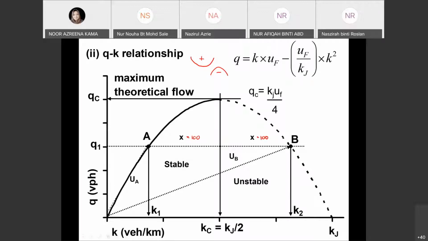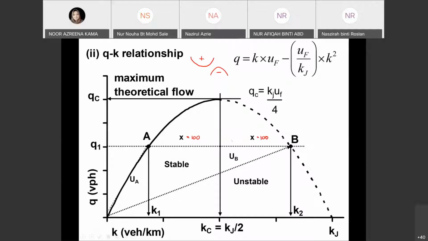We have UA and UB. U is the speed, means the gradient of the graph is represent speed, UA and UB. So UA kalau awak tengok dia punya kecerunan, dia punya gradient lebih tajam, lebih steep kan as compared to UB. So maksudnya UA lebih laju daripada UB because UA is under stable condition while UB under unstable condition.